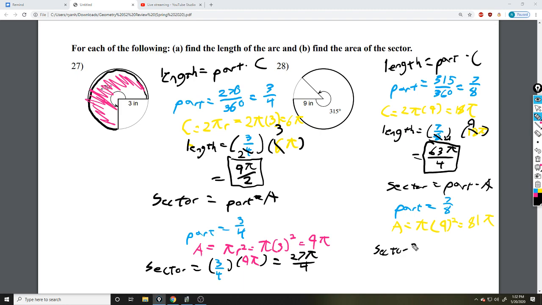So the sector is going to be a fraction of that. Instead of going all the way around the circle, which would be 81 pi, we're actually going 7/8 of the way around the circle. So we want 7/8 of that total area.